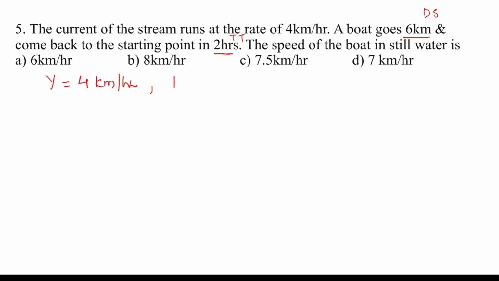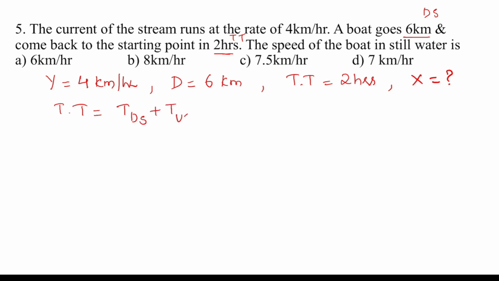So the distance we know is 6 kilometer, because whatever it goes downstream, that much only it has to come upstream. So 6 kilometer is the distance, and total time is how much? Total time is 2 hours. Therefore the speed of the boat in still water, so x is equal to how much? Now we know total time is equal to time taken to go downstream plus time taken to come upstream, isn't it? So total time is 2 hours. Time is distance upon speed.